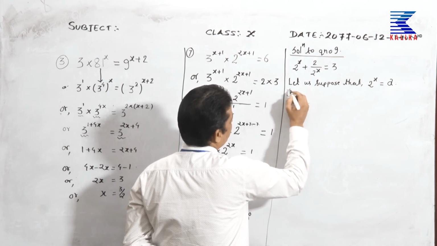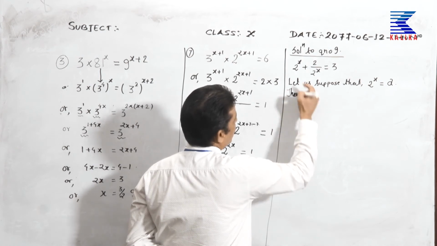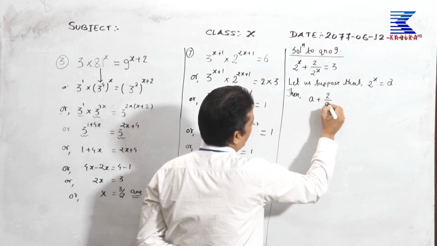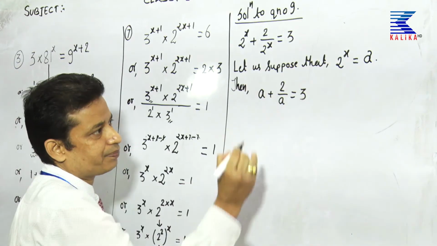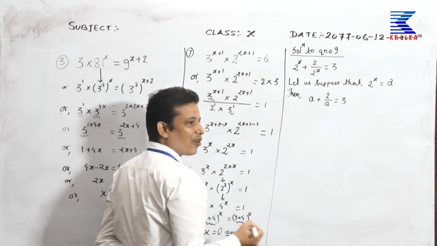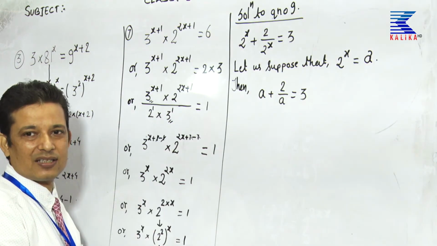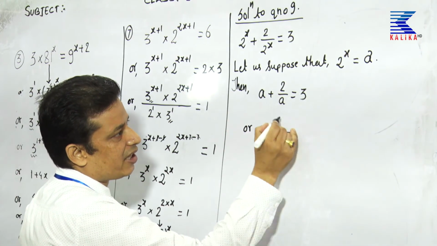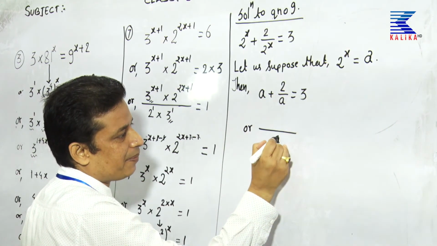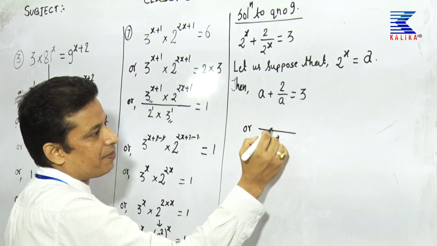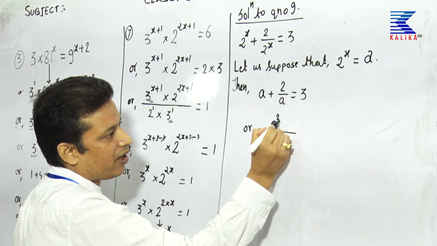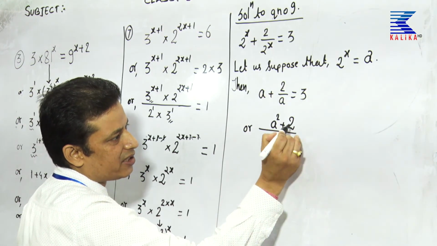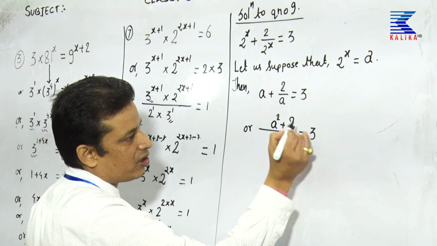Then the question will be like a plus 2 over a is equal to 3. You are almost familiar with this sort of problem. If we take a as LCM, a times a becomes a square, plus 2 is here in the numerator, is equal to 3.